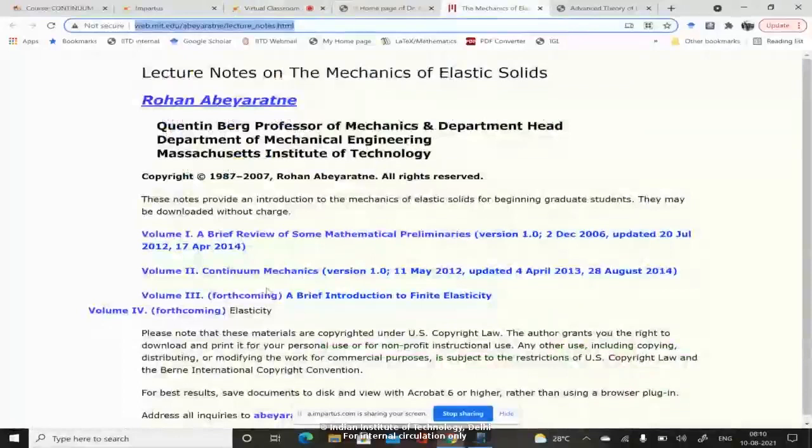So here you have this volume 1, which is a brief review of some mathematical preliminaries. So we are not going to look at this volume, which is actually essential to understand continuum mechanics. But you guys are also taking the course from Professor Arya Samanta, right? On engineering mathematics and computation.